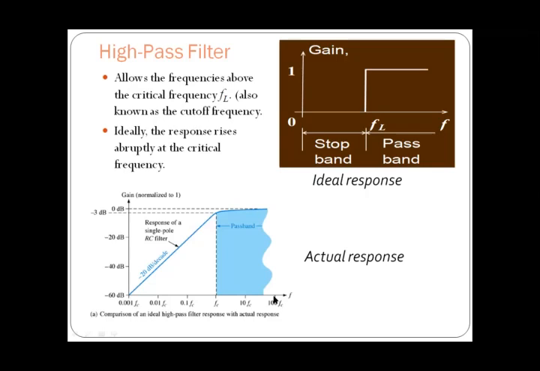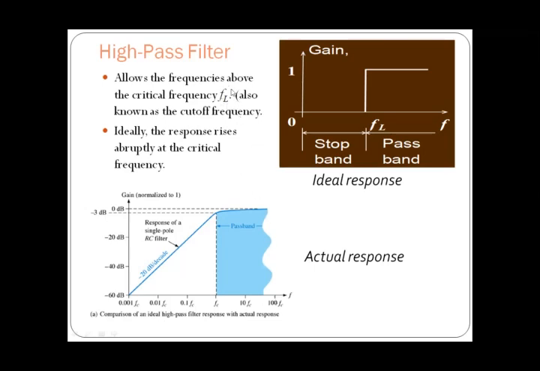That means it is going to consider a threshold value, a frequency value, such that the frequencies above that selected frequency value can be allowed by this high pass filter, and the frequencies below the selected frequency will not be allowed.